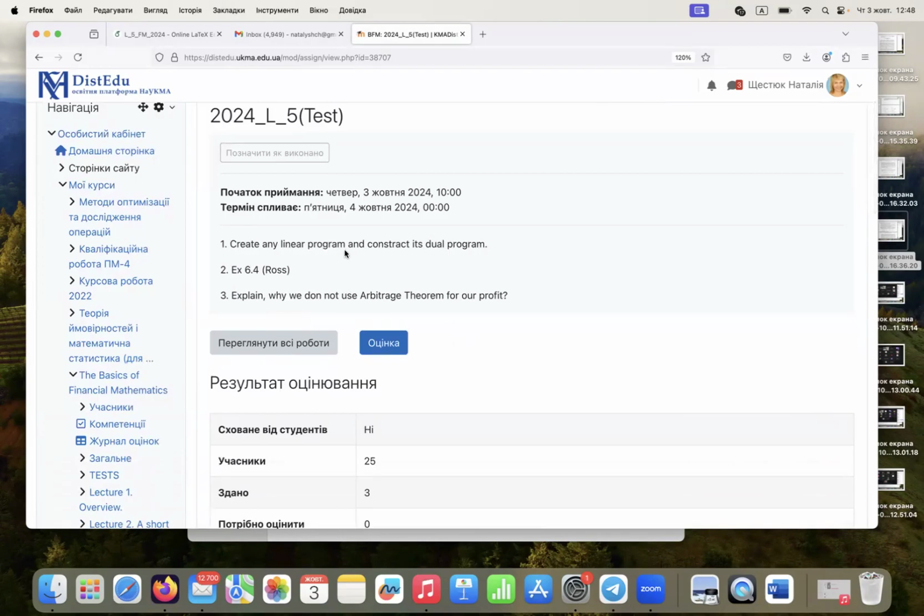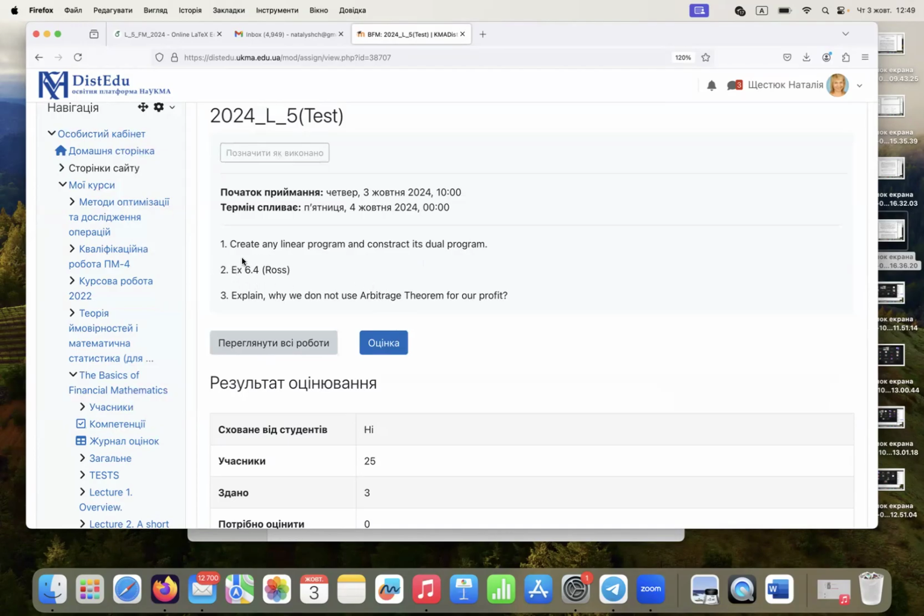Create any linear program and construct its dual program. You remember that in the lecture I took the objective function for 2 variables x1 and x2, but please take another number of variables, for example x1, x2, x3, or x1, x2, x3, x4, and construct a dual program.